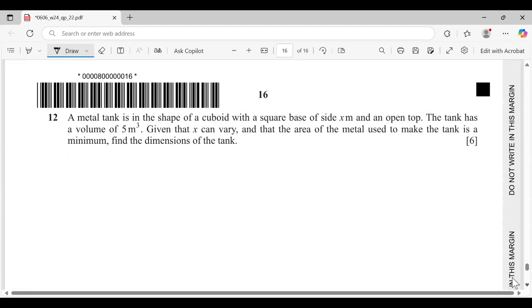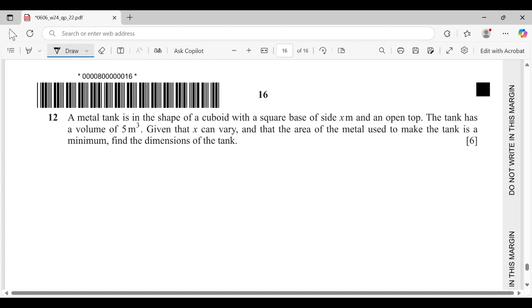Number 12, a metal tank is in the shape of a cuboid with a square base of side x meters and an open top. The tank has a volume of 5 cubic meters. Given that x can vary and that the area of the metal used to make the tank is a minimum, find the dimensions of the tank.